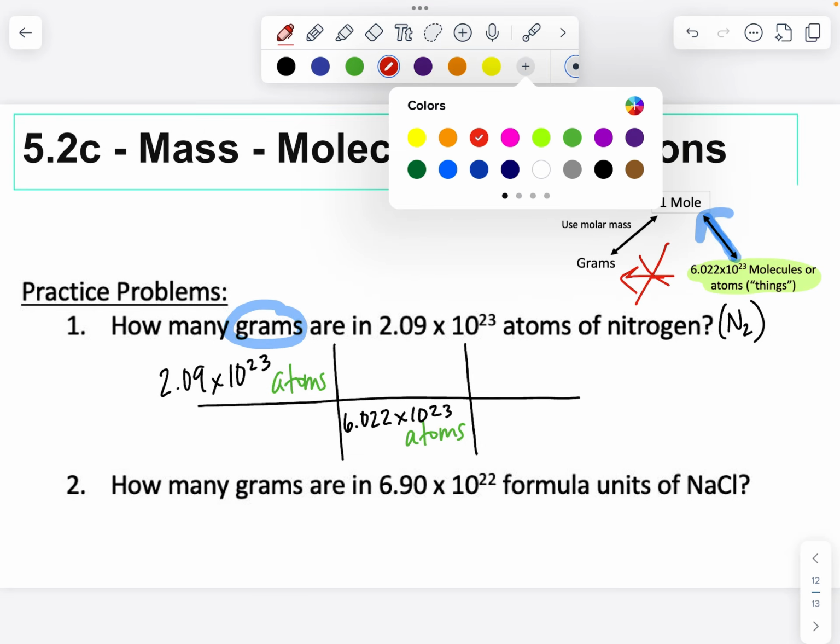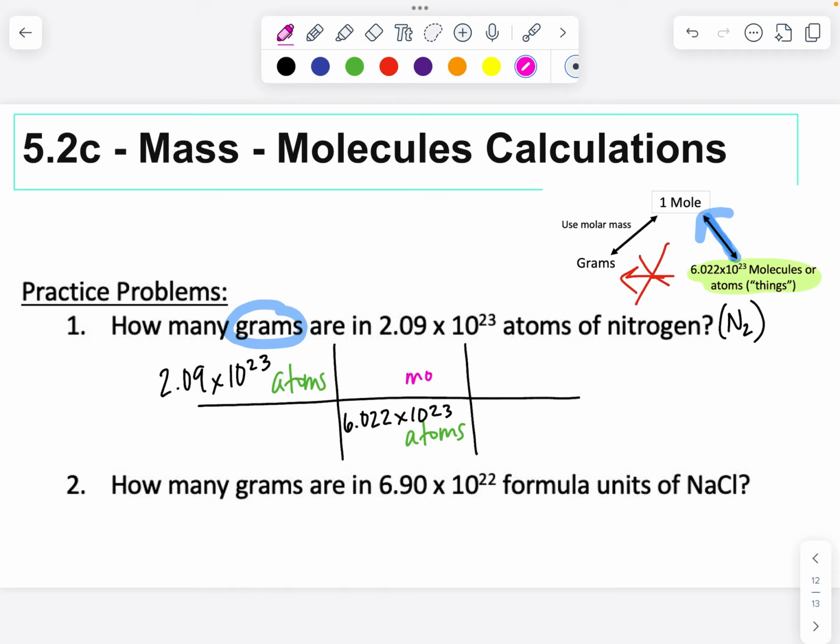So I'm going to choose mole to go at the top, and the problem again says 1 mole. So I'm going to write down 1 mole. If I have moles at the top, I know that moles has to be at the bottom. Again, my map says to use 1 mole. This time, now I'm ready to go from moles to grams. So my grams are going to be at the top.